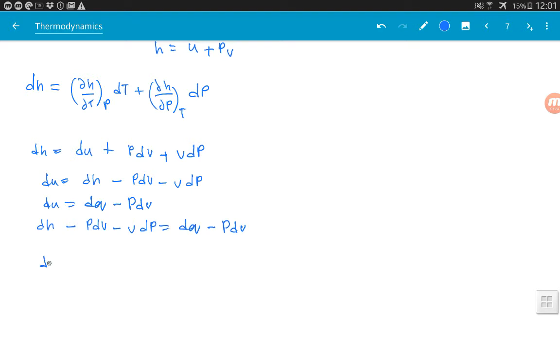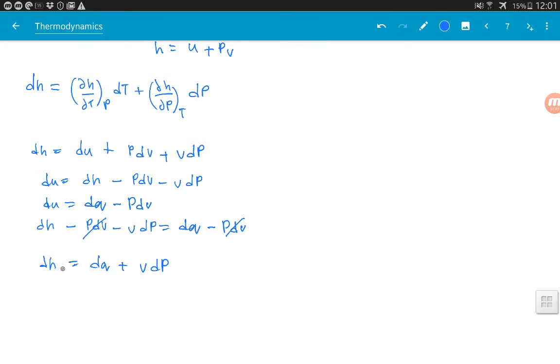This one is this part, and this one is the other part. So I just make it dH and put it together, so this one can be cancelled, and what we get is V dP. This is what we intended: we have V at a change of dP.